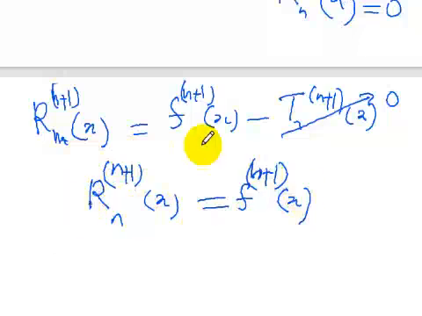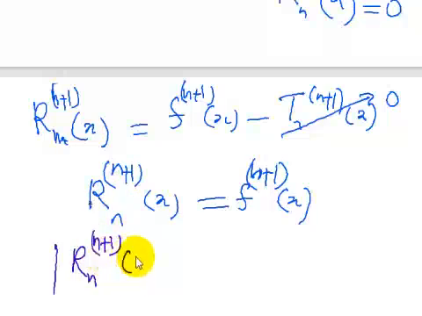So we try to at least bound this function, the error. So let's do that. This is the error, so we try to bound it.